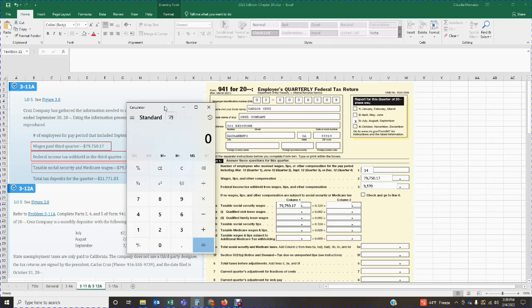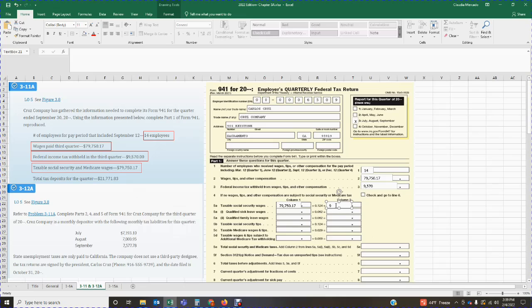So I've got 79,750.17 times the percentage on the form right here, which is 0.124. That gives me 9,889.0210. Because that third digit is a 1, I'm going to keep my rounding to 9,889.02. Okay? So that will be 9,889.02.